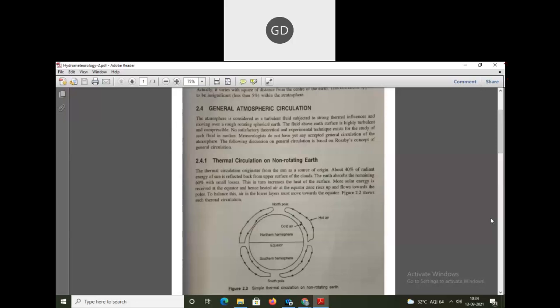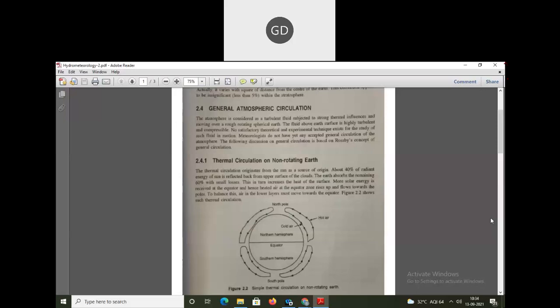By the time this wind reaches the latitude of 30 degrees, it has lost sufficient energy, and it tends to lower, it subsides.